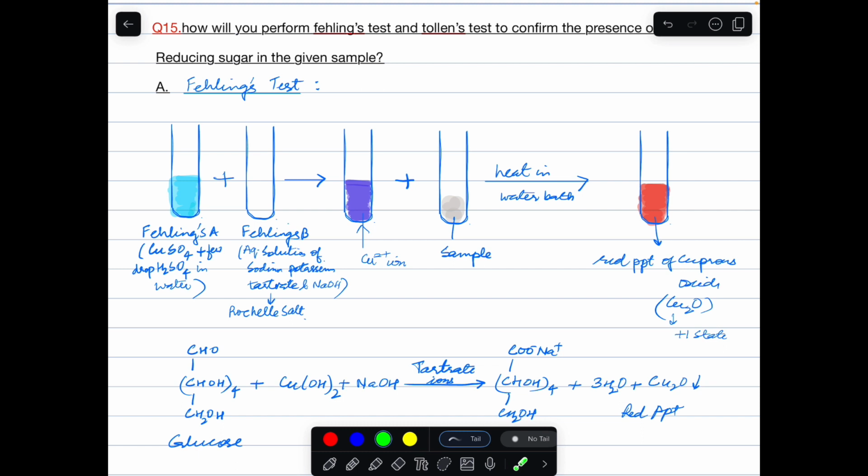One bottle has a colored solution, which is aqua blue, and the other has a colorless solution.